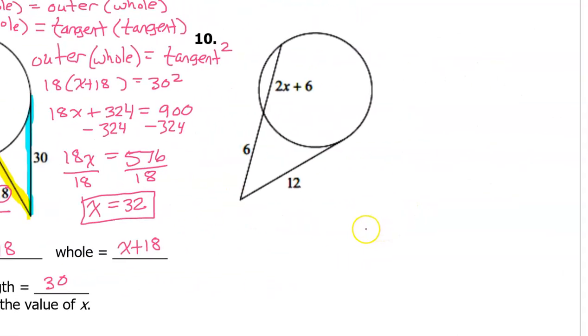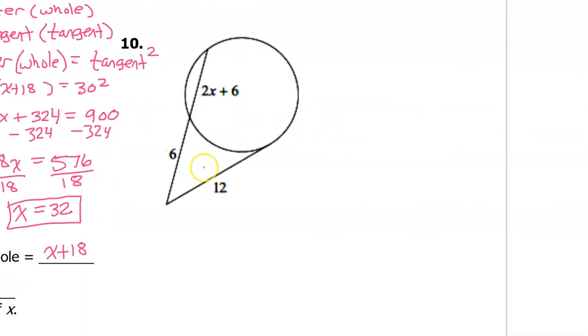All right, last one, guys. Again, we have this tangent segment here shown in blue. It only touches the circle on the outer edge. But then we have the secant segment that cuts through the interior of the circle.